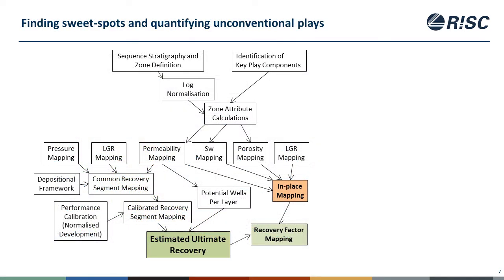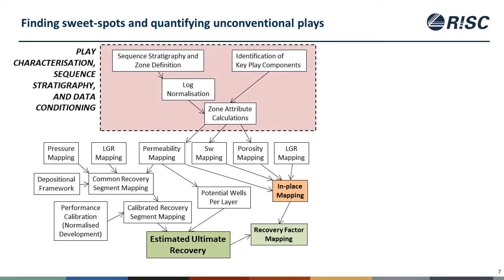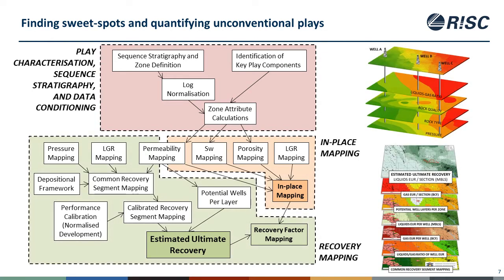The approach uses a disciplined method of identifying key play components of the unconventional play of interest and mapping the individual components spatially using zone attribute calculations. A spatial analysis approach on the key characteristics ultimately leads us to the quantification of the plays.